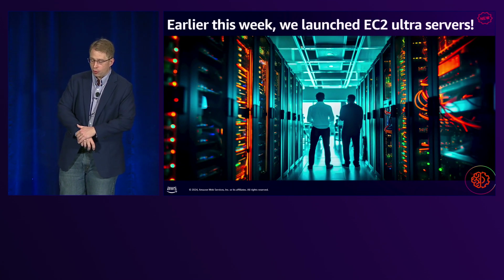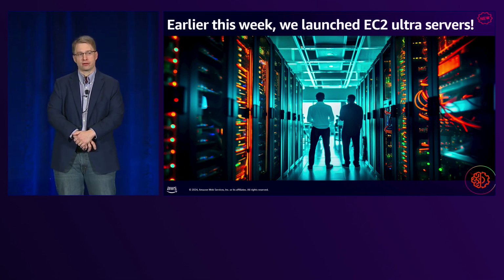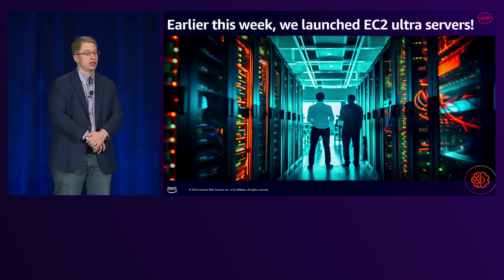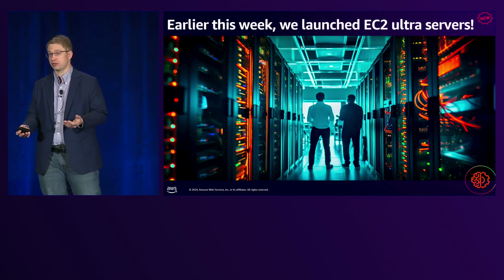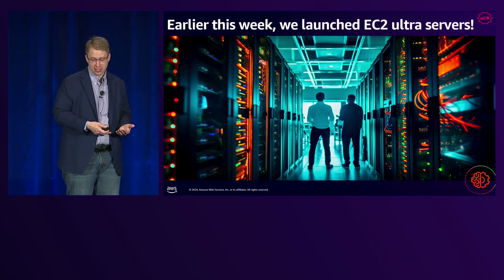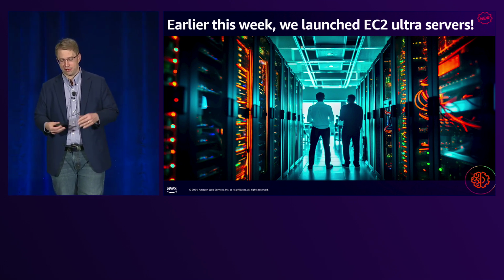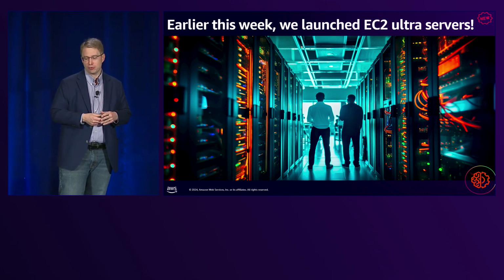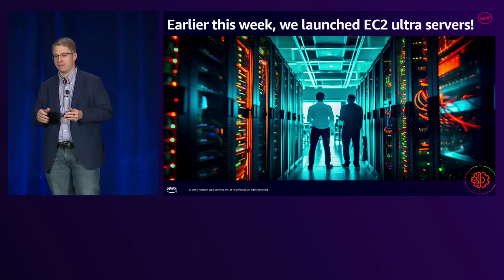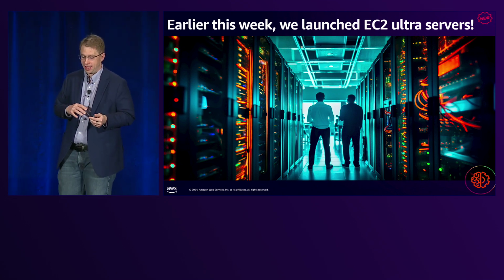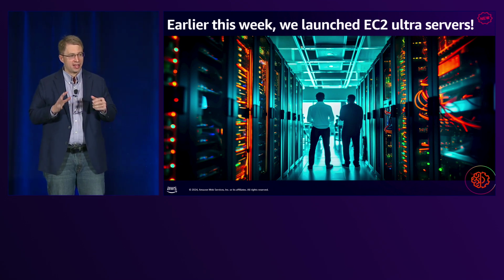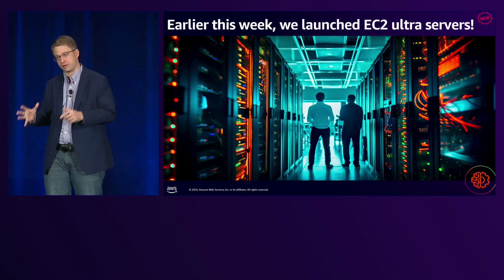Cool. If you watched either Matt's or Peter's keynotes, you may have heard a little bit about Trainium 2 or Ultra servers. These servers are up to 83.2 FP8 petaflops. They are amazing for both inference as well as for training.